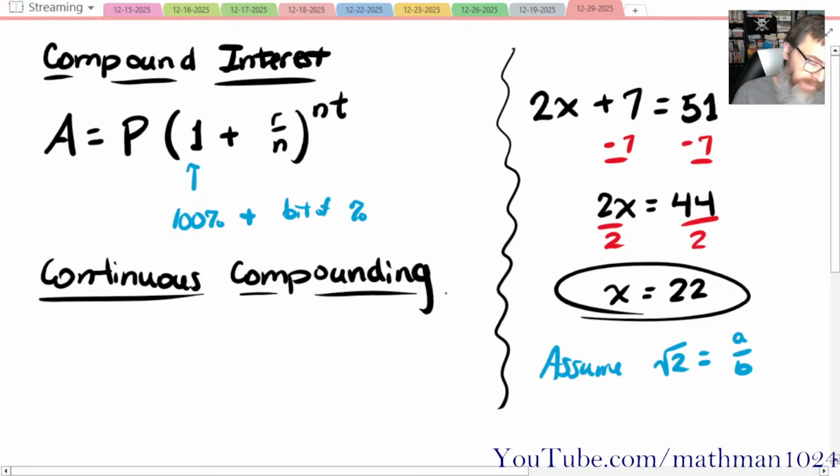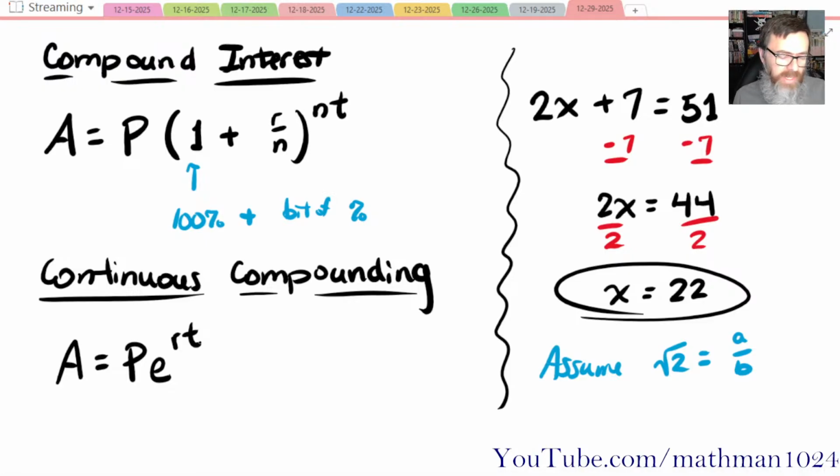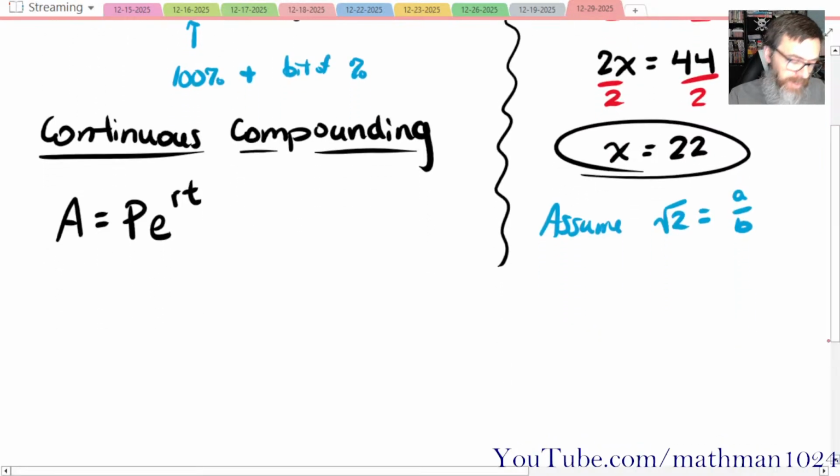So continuous compounding, to tackle that, we use Euler's constant e, and this is raised to the rt. Now, I know this looks kind of weird, like, why are we getting into new stuff? Well, it's super important.